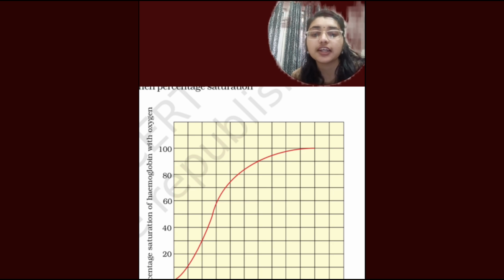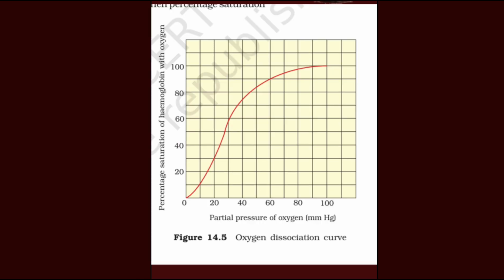So in the lungs, where the partial pressure of oxygen is high, around 100 mmHg, hemoglobin becomes almost fully saturated and ensures efficient oxygen loading. In contrast, in the tissues where the partial pressure of oxygen is low, that is 40 mmHg, the hemoglobin releases oxygen, providing it for cellular activity.